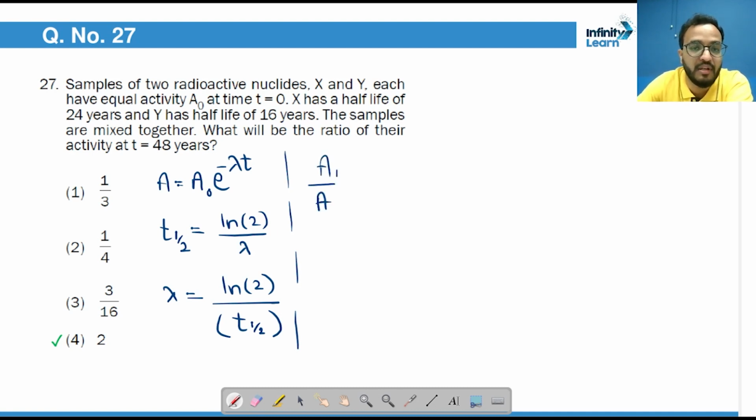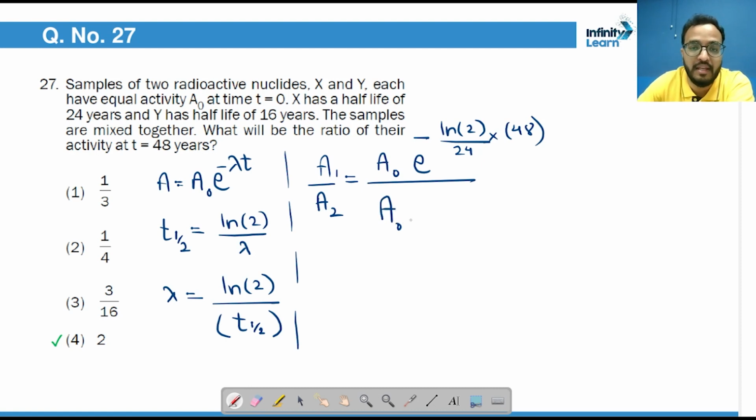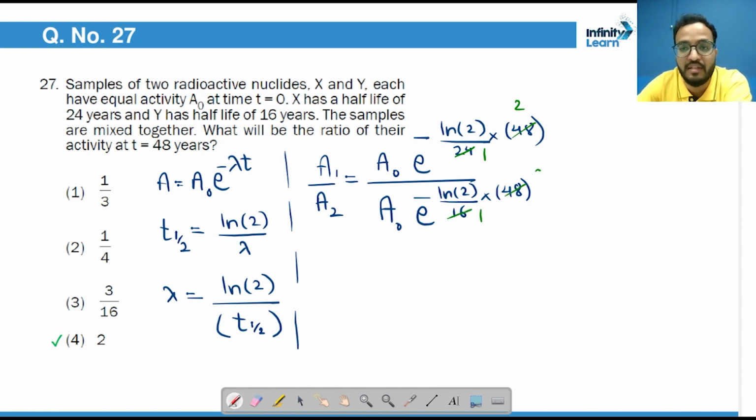So A1 upon A2 after 48 years: we will say it is A naught e to the power minus ln2 upon T half, for the first, 24 years, into t which is 48, upon A naught e to the power minus ln2 upon the half-life 16 years into 48. Do you understand? So 24 ones are 24, twos are 48; 16 ones are 16, threes are 48.